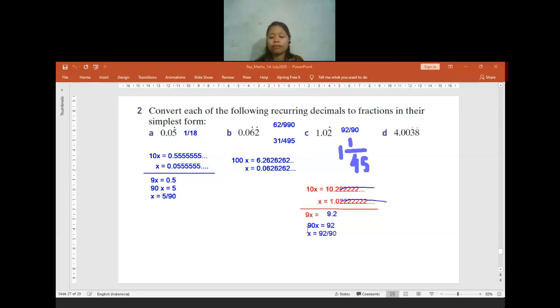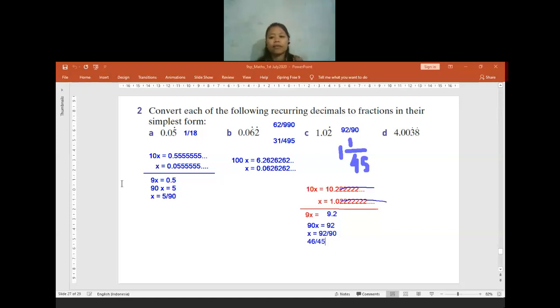Is it clear enough? And then we can simplify it. I will divide everything by 2. 46 divided by 45, so I will get 1 per 45. When it is simplified, it will be better if you write it as a mixed number rather than an improper fraction. Okay?